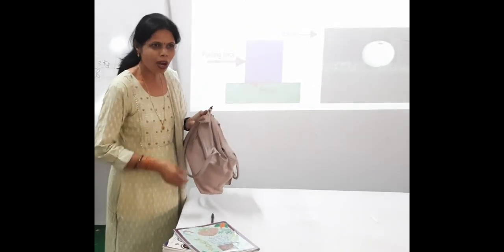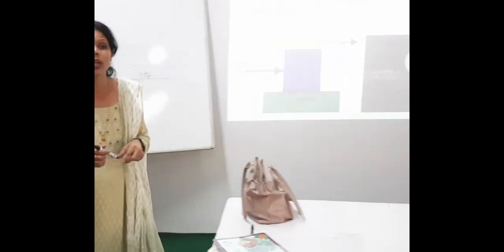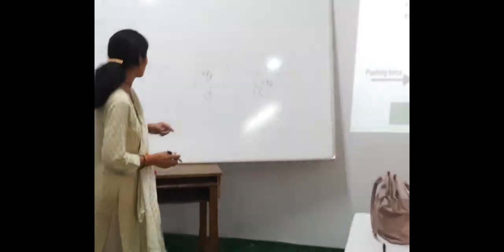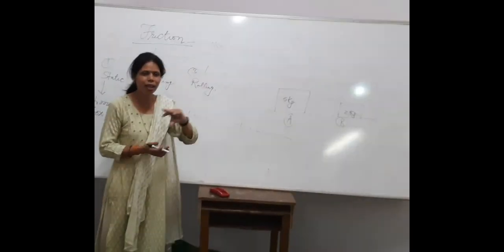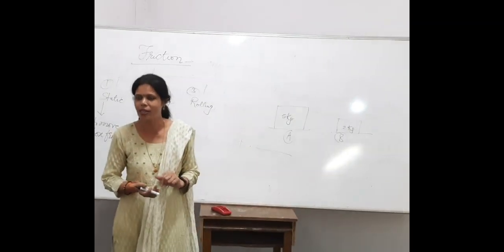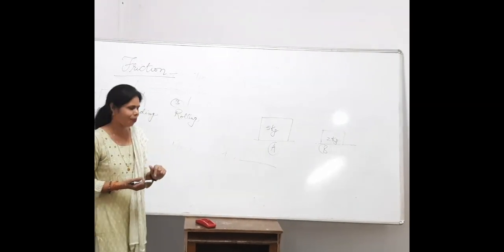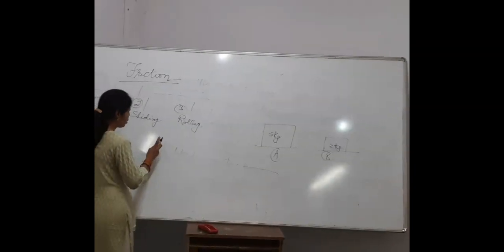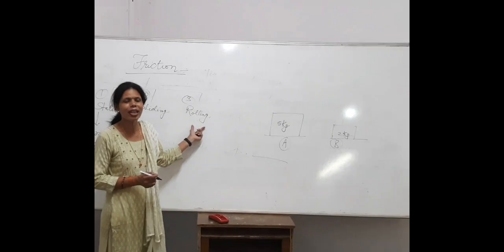Suppose this bag has small wheels, so it will roll easily. Nowadays you are looking at rolling bags. So rolling friction: when two surfaces roll over one another, that is called rolling friction. Rolling friction causes very little friction.